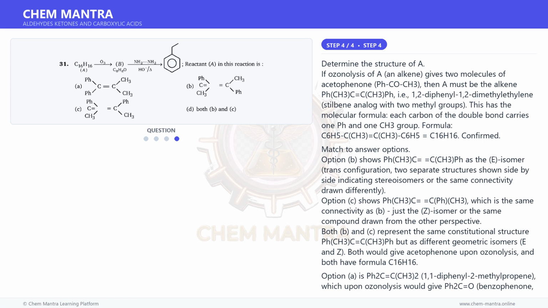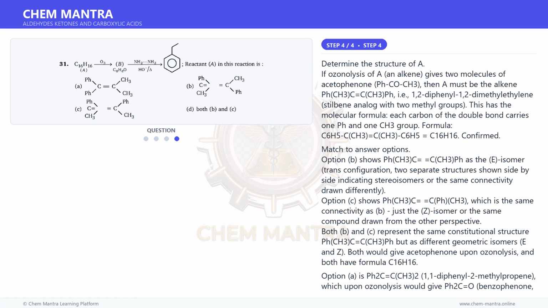Both B and C represent the same constitutional structure but as different geometric isomers, E and Z.